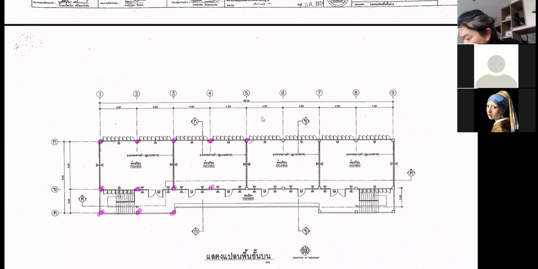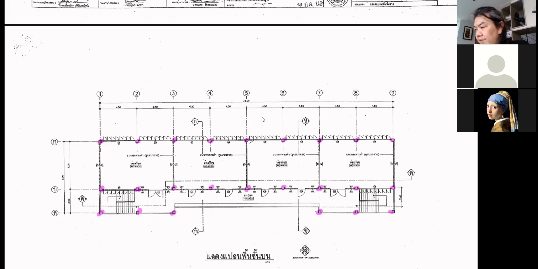Now, because this is a rough drawing and it doesn't contain every information, please, ladies and gentlemen, keep in mind that when you don't have enough information, you must talk to architects. You just don't say, hey, they don't give me enough information, so I'm just gonna do this right away and assume this and that.